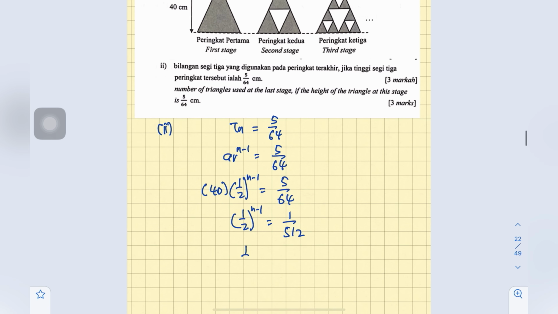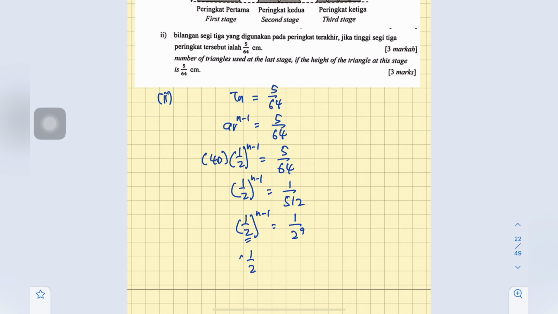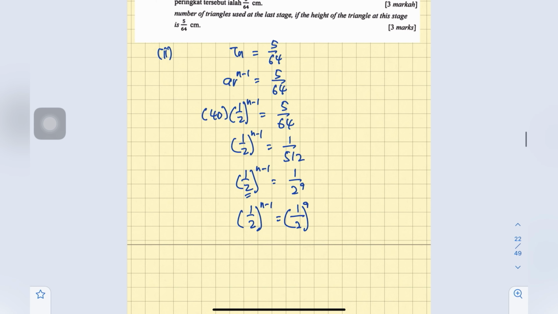We know this is 1 over 2 power of 9. So we compare the index: n minus 1 is 9, so n equals 10. This is the term where the height is 5 over 64, which is the 10th term.